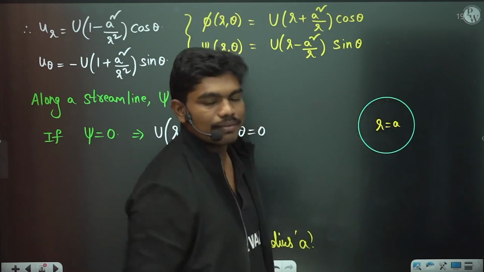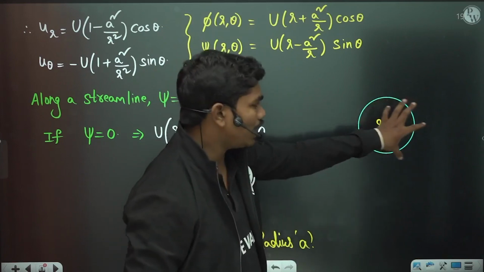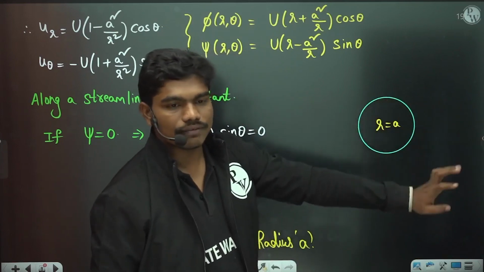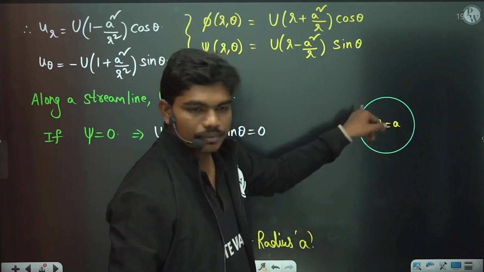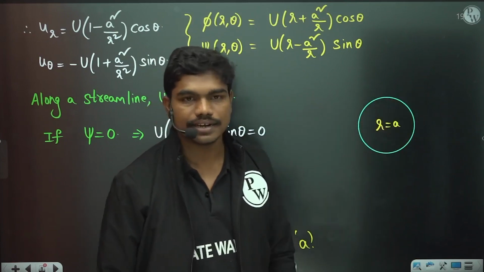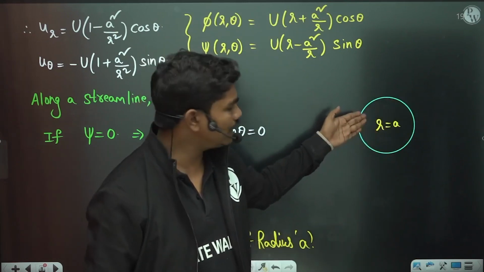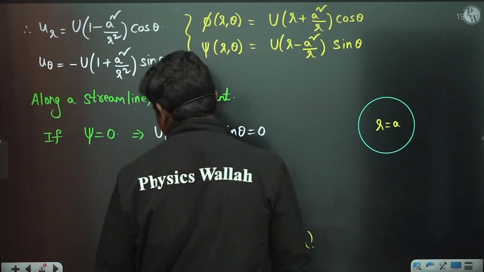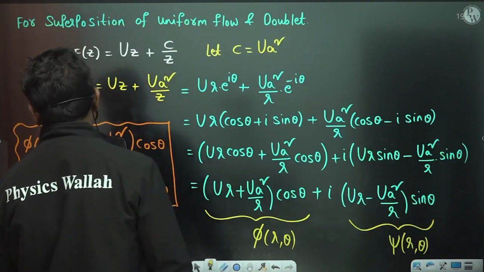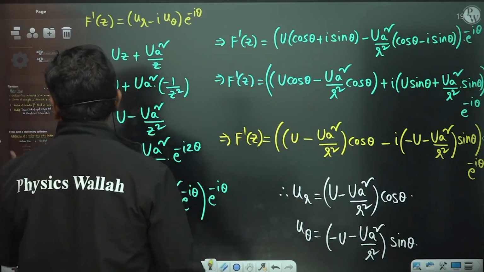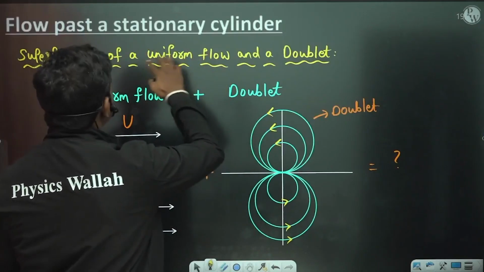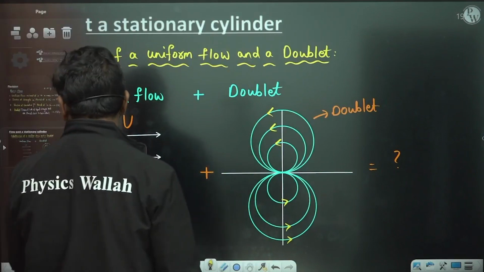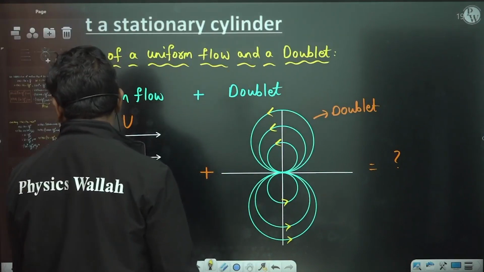If you take this in the z dimension also, I can assume this as a cylinder of some length L, because at any location of z, the analysis will remain the same in the xy plane. So this case can be identified as flow past a stationary cylinder, because here the velocity of the particles is 0.